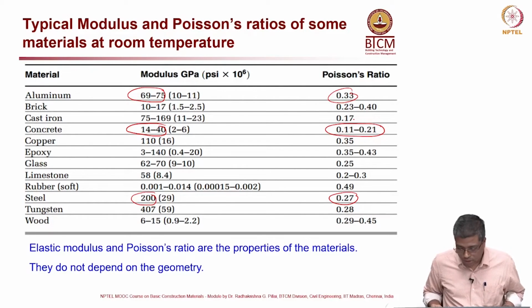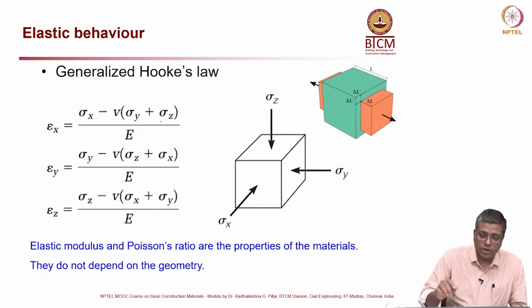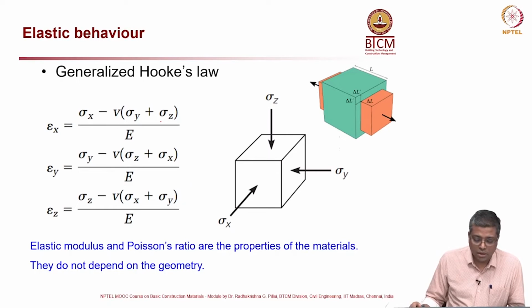Okay. These two are key material properties of any material which we consider for use in construction, and when I say they are material properties, what it means is that they are not dependent on the geometry of the specimen.